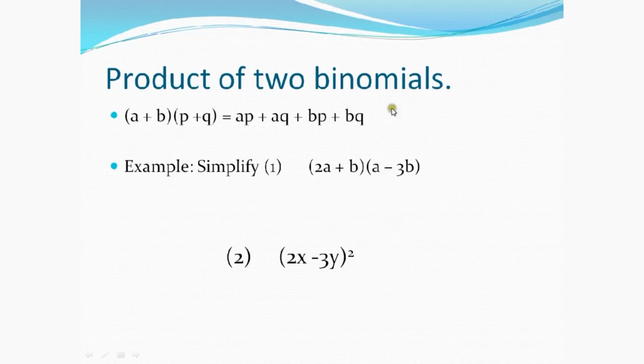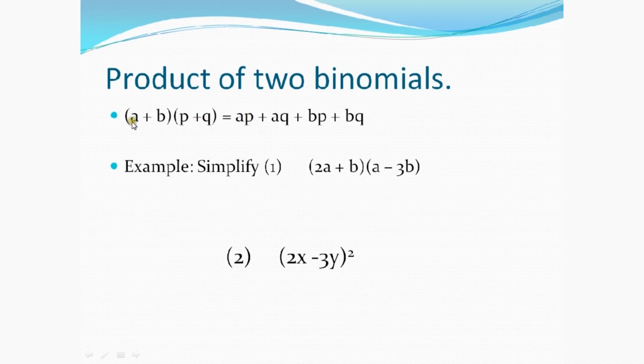Once again, the distributive law is going to be applied. In my example here, or in my notes, I have got a plus b in brackets, p plus q in brackets, which means this bracket is multiplying that bracket. And what we have done here is to take a and multiply it by p, and we get ap.